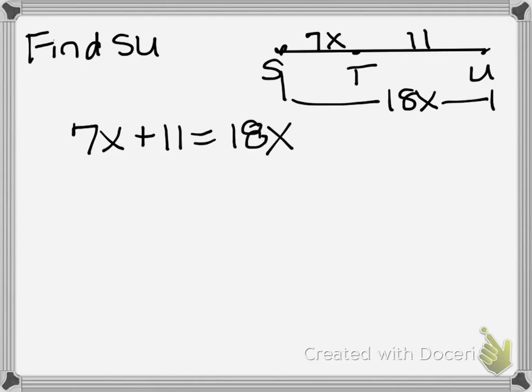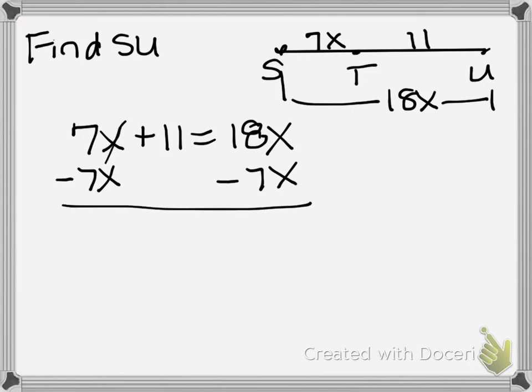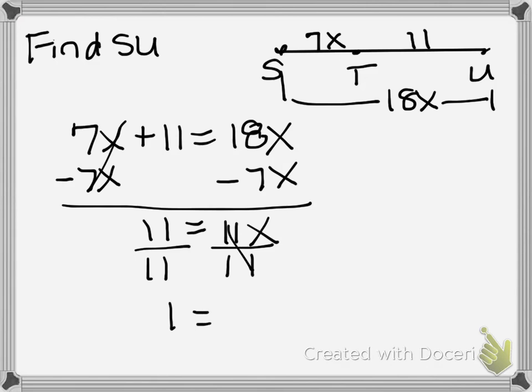And normally I like to subtract my variables from the right side and swing them over to the left. But in this case, it makes more sense to subtract this guy over to the right-hand side. So we get 11 equals 18 minus 7, which is 11x. We divide by 11, and x equals 1.